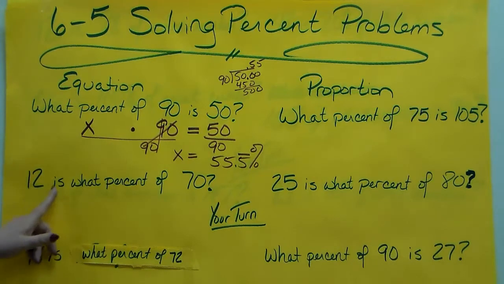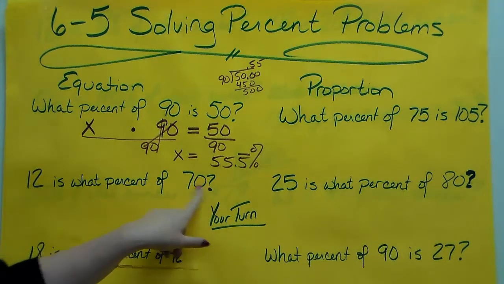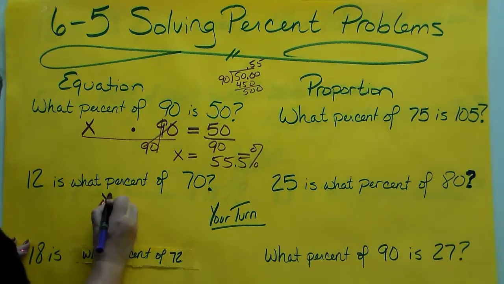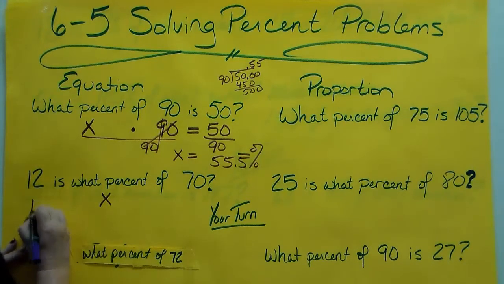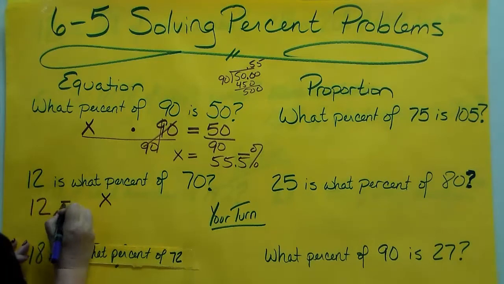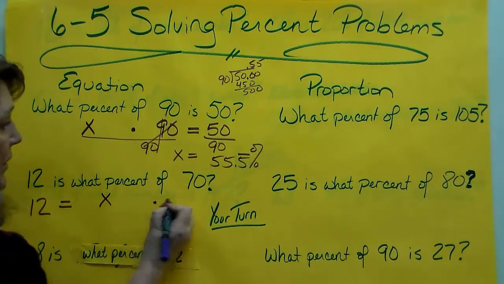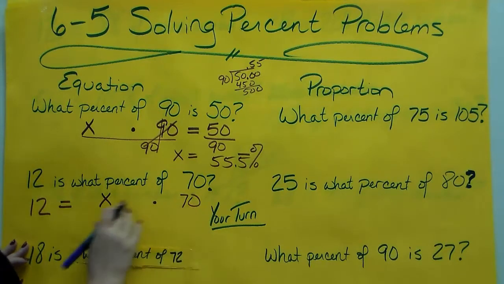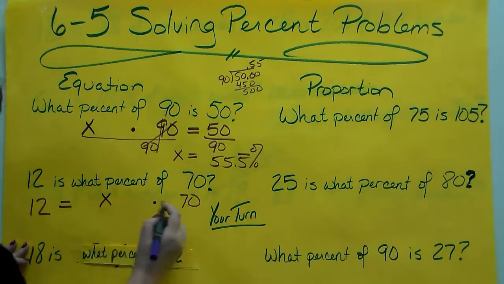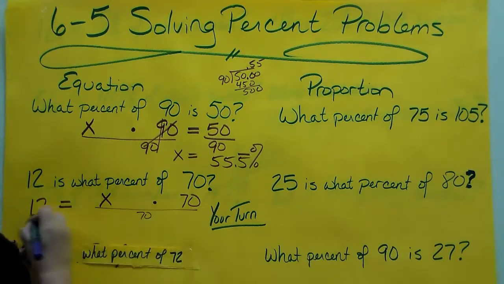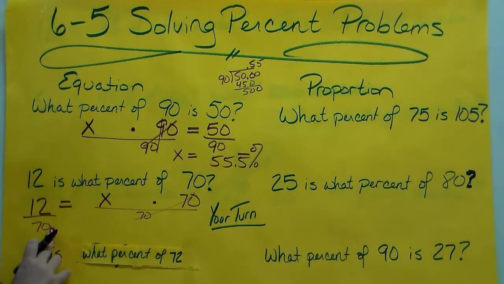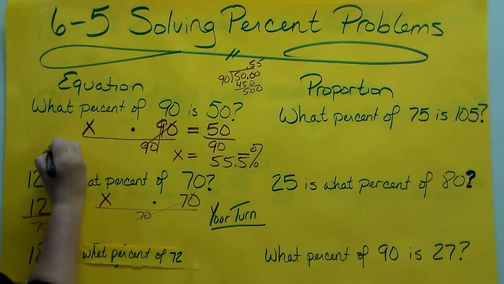Next question. 12 is what percent of 70? Again, we're looking for the percent. So this is our x. 12 is a number. Is means equals. Of means multiply. 70 is a number. So again, I've got a number multiplied to my x. So I'm going to divide this side by 70, divide this side by 70. Now all I have to do is figure out what 12 divided by 70 is.